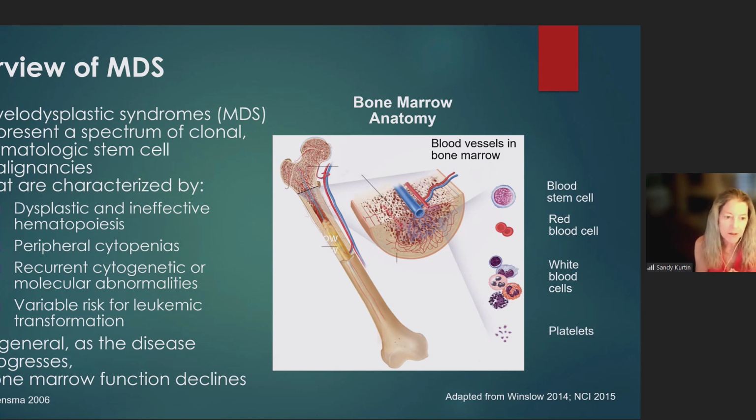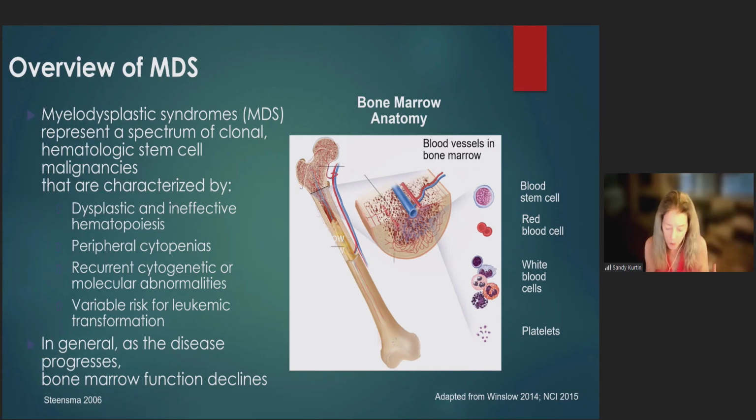The key features are dysplastic changes, which lead to ineffective hematopoiesis, and ultimately peripheral cytopenias. These diseases are characterized by recurrent cytogenetic and molecular abnormalities, and this is becoming really at the core of how we risk stratify these diseases.